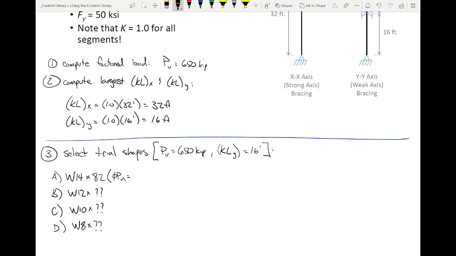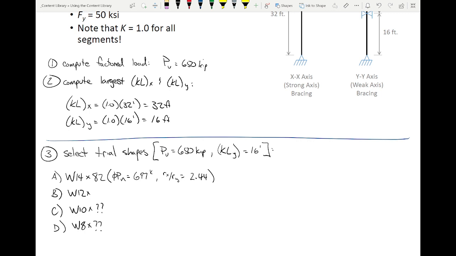And this is what I asked for last time, but what I didn't ask for last time was the rx over ry ratio. What is that? Remember, you get that from the bottom. 2.44. All right, good.